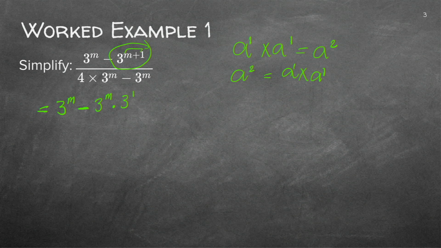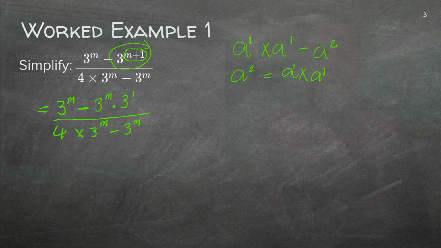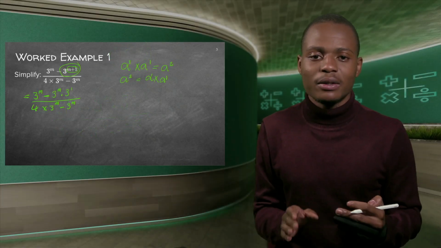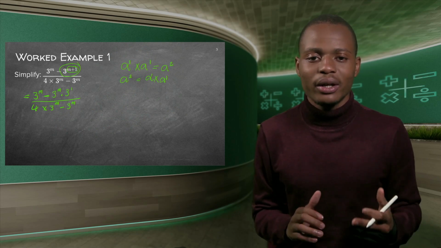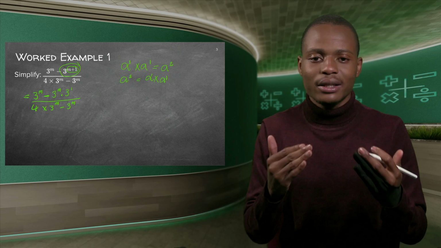So I broke down m plus 1 into 3 to the power of m times 3 to the power of 1, and I divide by 4 times 3 to the power of m minus 3 to the power of m. The reason why I wrote that again as it is, is because I can't break it down any further. If you can't break it down any further, you just leave it like that.